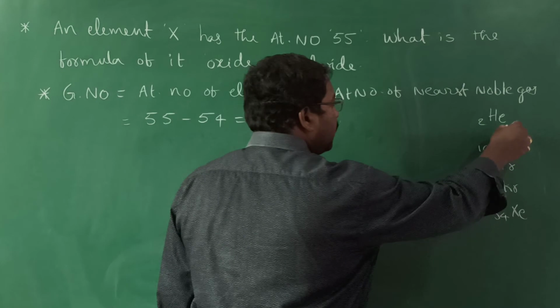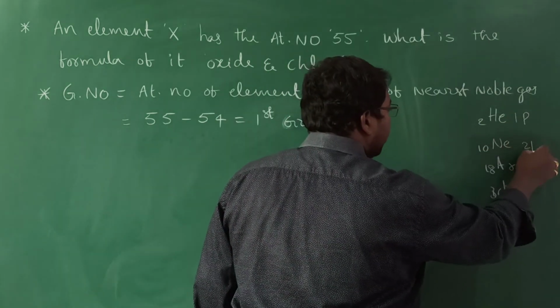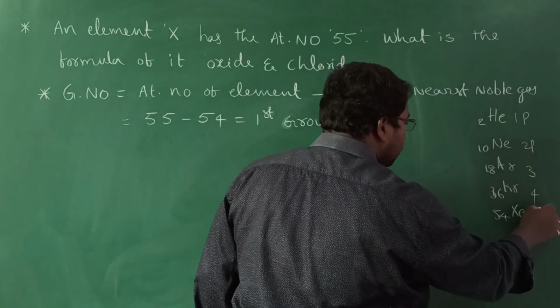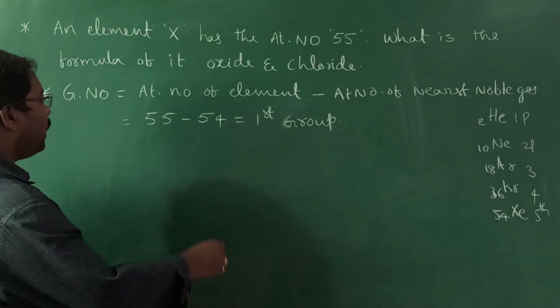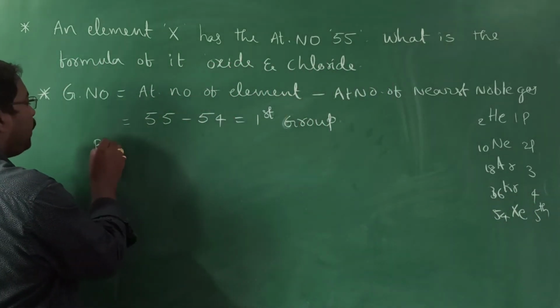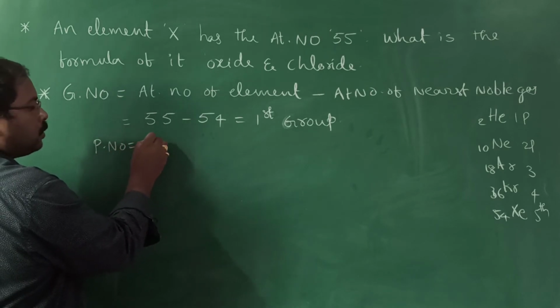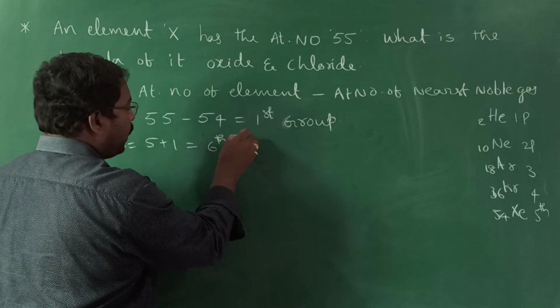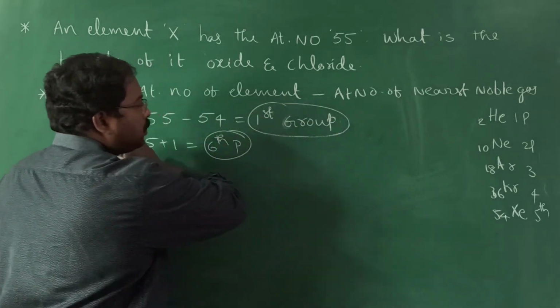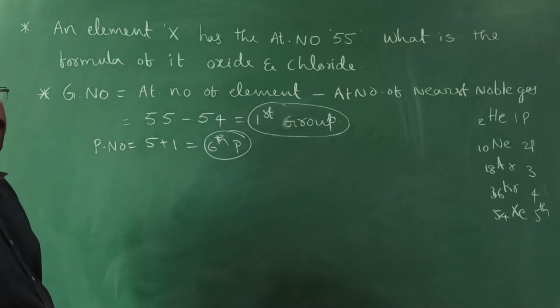So if you observe there, this belongs to first period, second period, third, fourth. So our xenon belongs to fifth period. So the period number 5 plus 1, our element belongs to sixth period. So better you can cross check also.